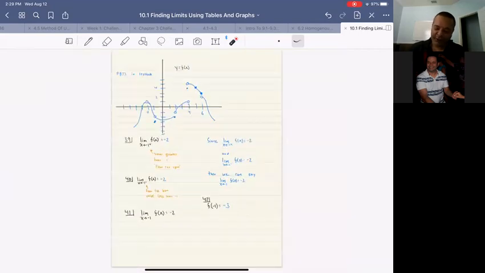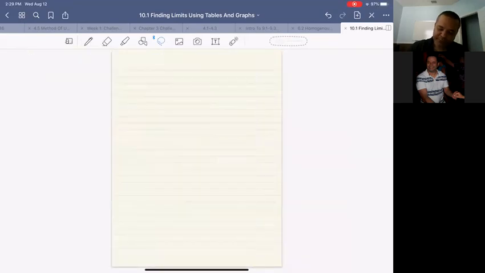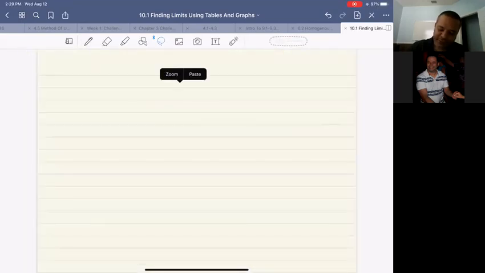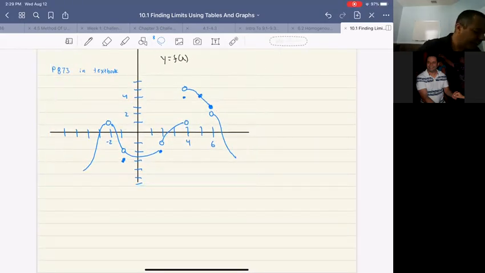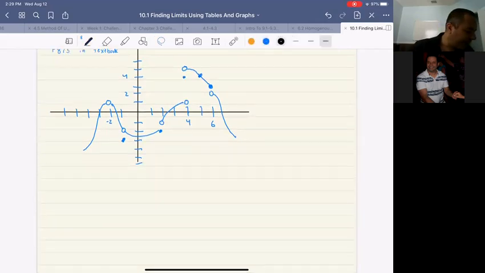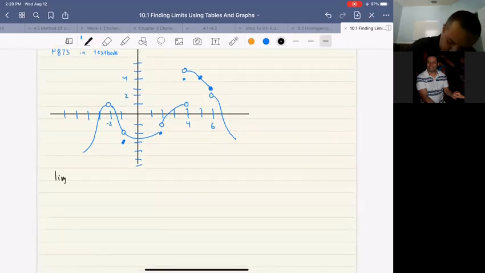Okay, all right, I'm going to take this graph and copy it to a new page, because this graph is going to be coming back. Let's take a look at problem 43. 43 says we're going to take the limit as x approaches 2 from the left of f of x.